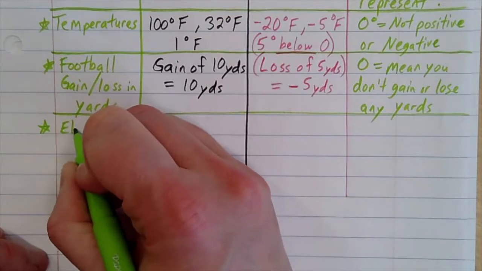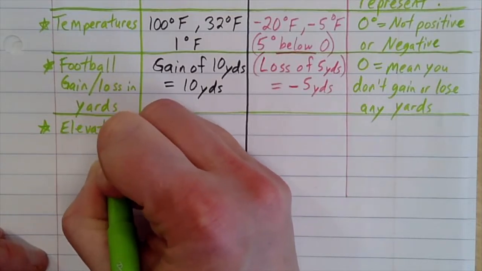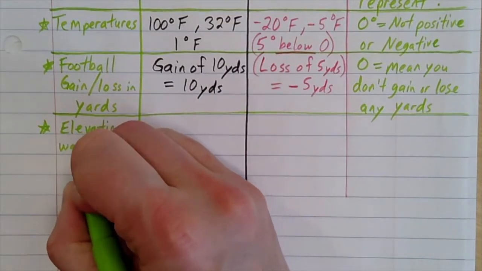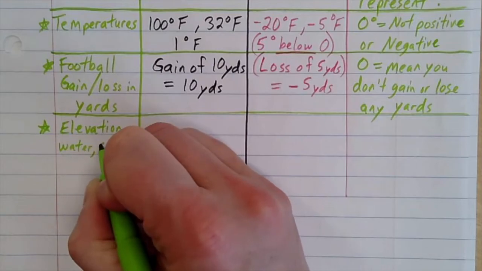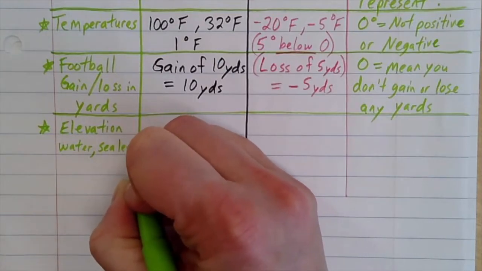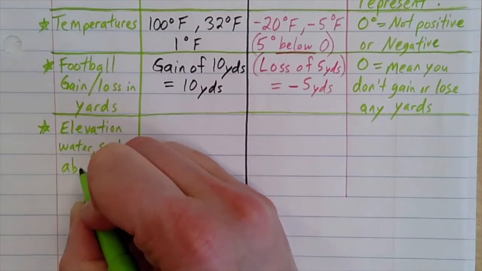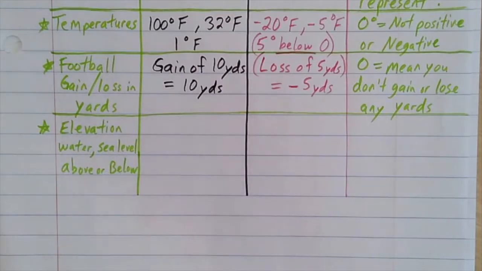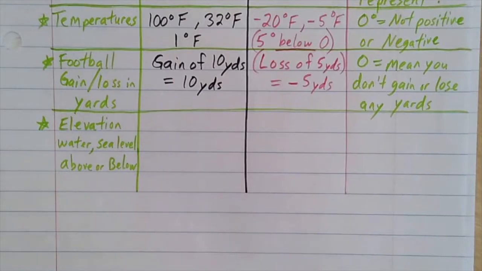And elevation could be elevation of water, sea level. We talk about above and below sea level. So this could be water. It could be sea level. You can be above or below. Those are examples of situation where you would have positive and negative numbers.